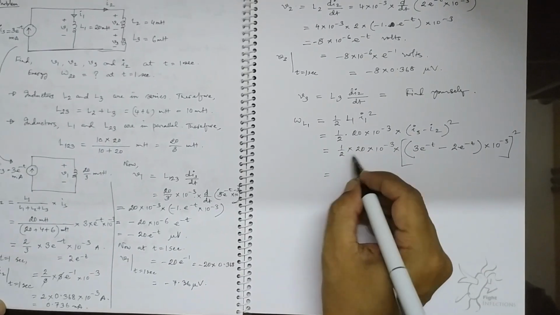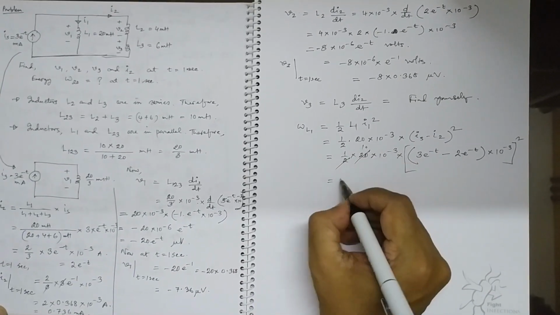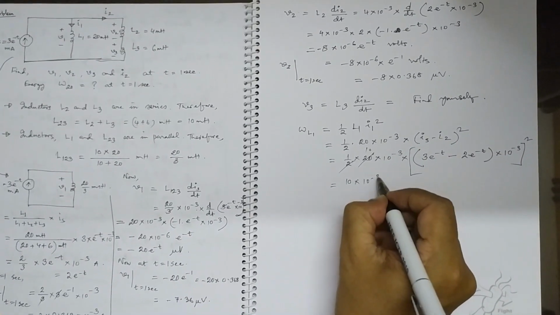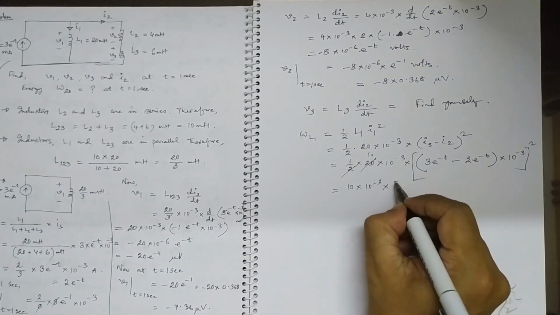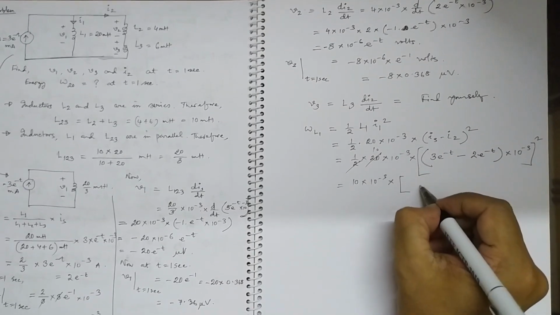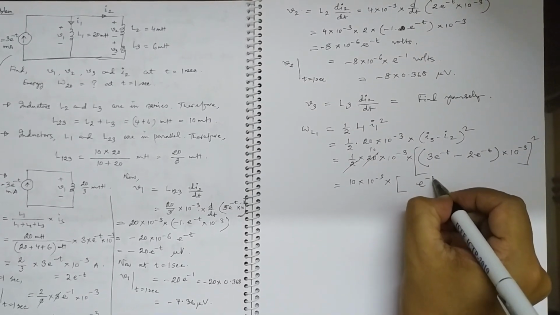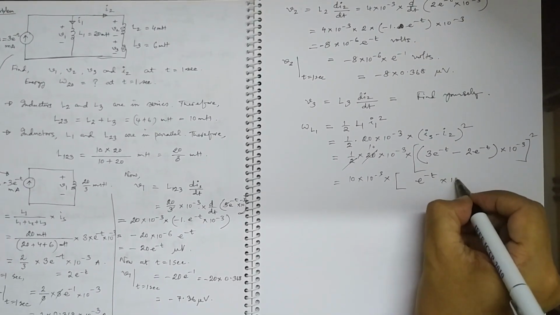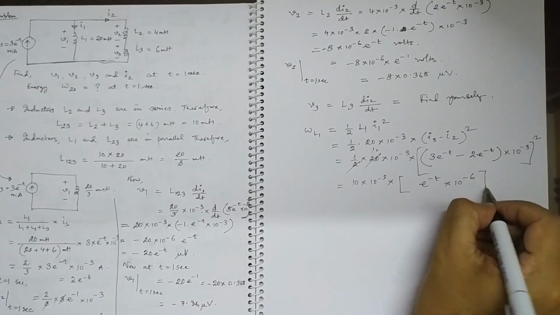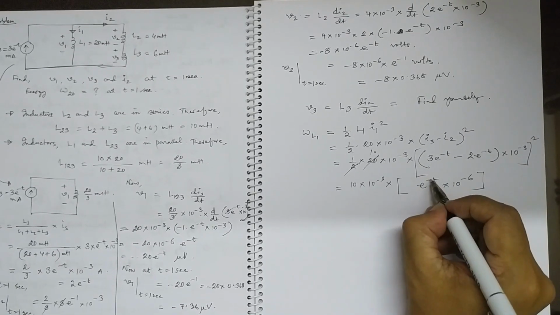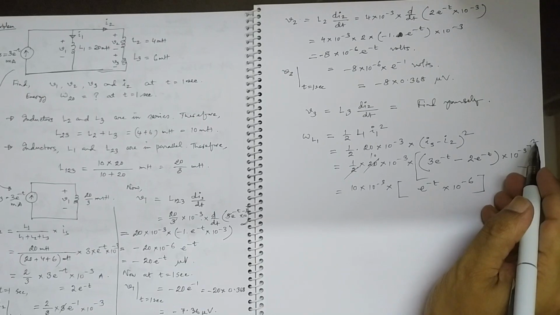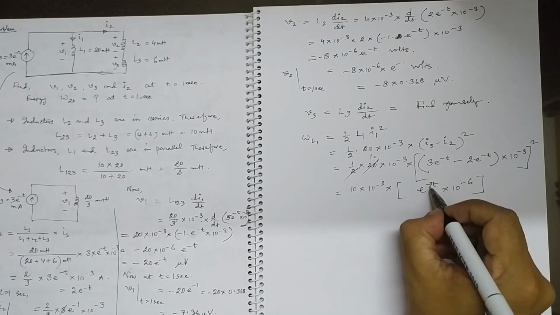So now it comes down to, let's take 10 into 10 to the power minus 3 into e to the power minus t into 10 to the power minus 6, and it will be e to the power minus twice t, because there is a square here.